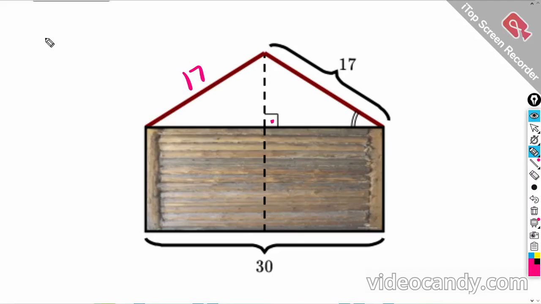In other words, if you have a triangle and you have two sides congruent and you draw in a height and make a right angle with the base, it's going to cut the base in half. So half is going to be on the left and half is going to be on the right. This works for an isosceles triangle when the sides are congruent.